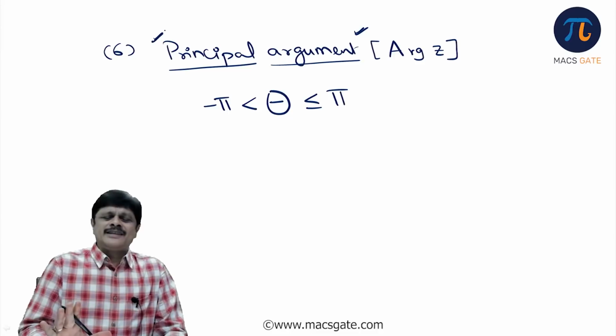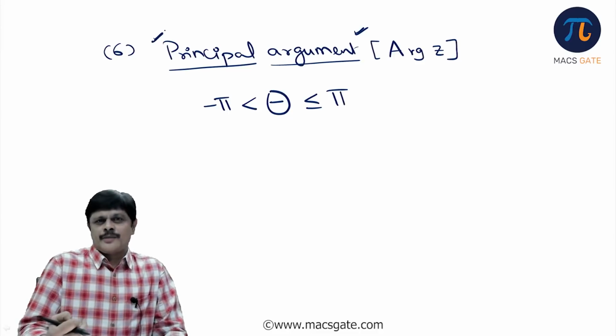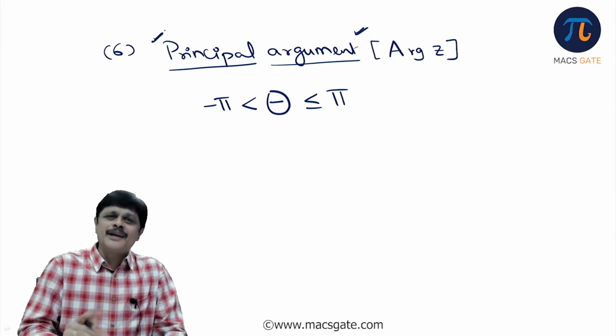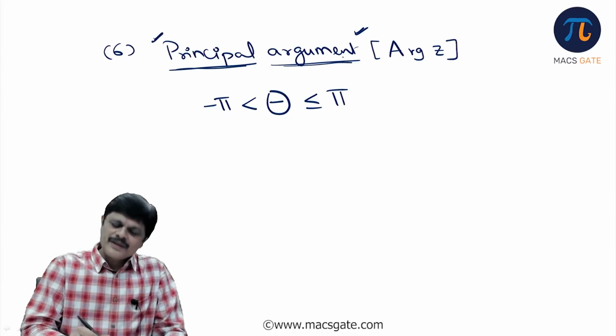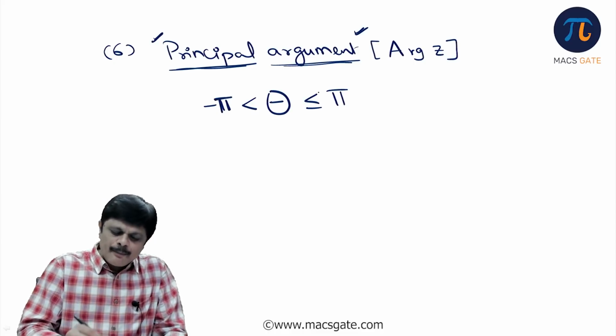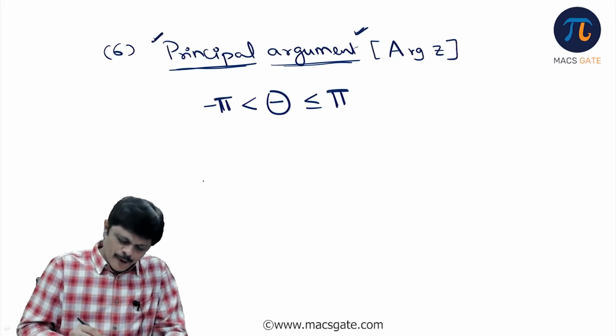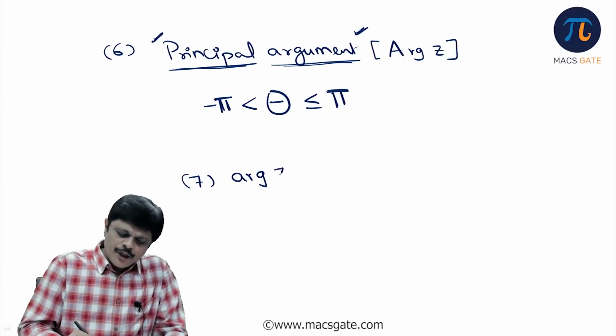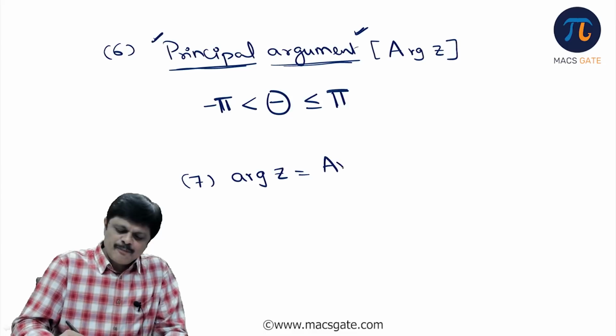There is no rule, but generally we try to express everything in terms of the principal argument, which lies between minus pi to plus pi. And one important result we can note here: this argument we can get in terms of the principal argument plus 2k pi.